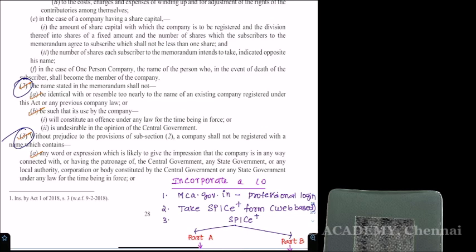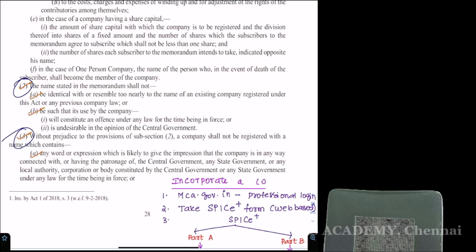Did you understand the point, everyone? Did you understand what I said? I repeat one last time. Point number 1: we already read subsections 2 and 3 of section 4 yesterday. The name should not be identical or too nearly resemble the name of another company. Second, it should not be offensive or undesirable. I apply in which form? It will be received by whom?